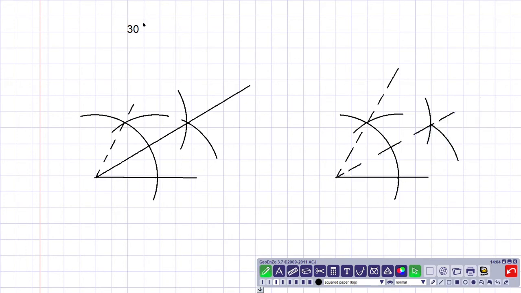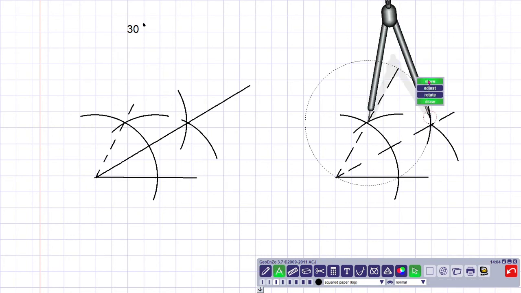Now from here to here, this arc represents 30 degrees. We have to divide this part into 2. Then we can get 15 degrees. So you have to bisect this part to get 15 degrees angle. Let's see how to do that.